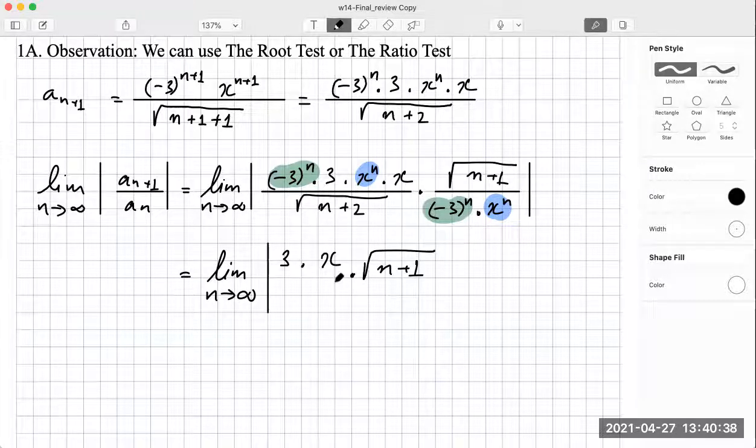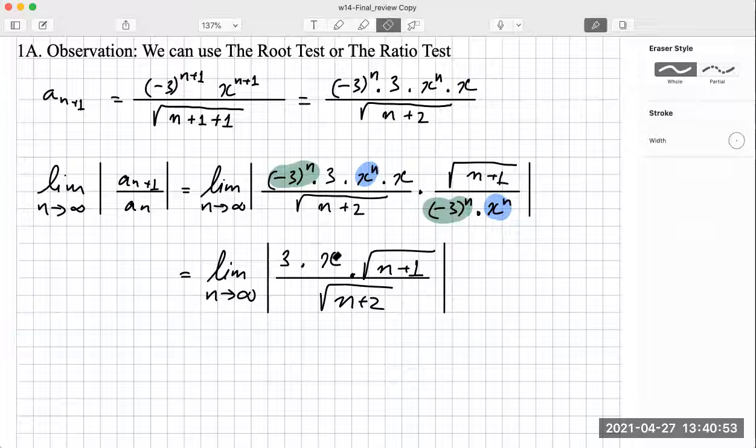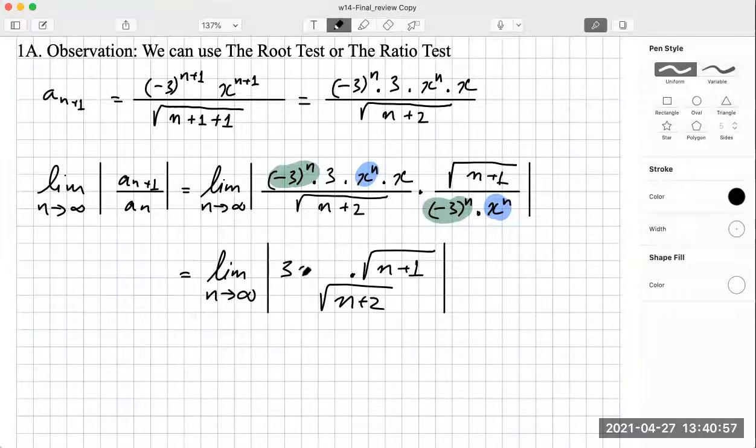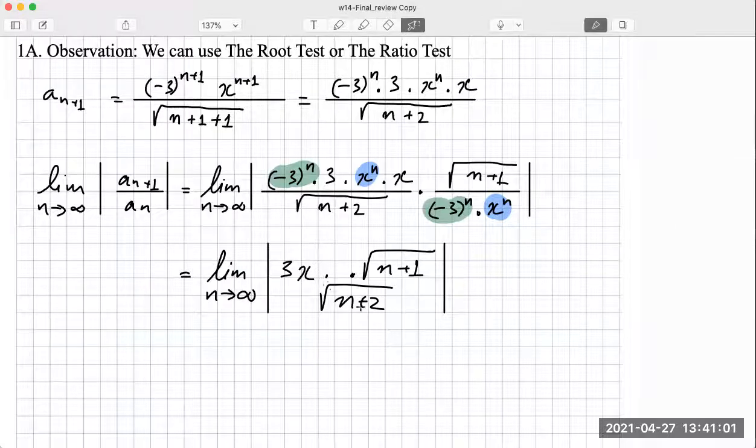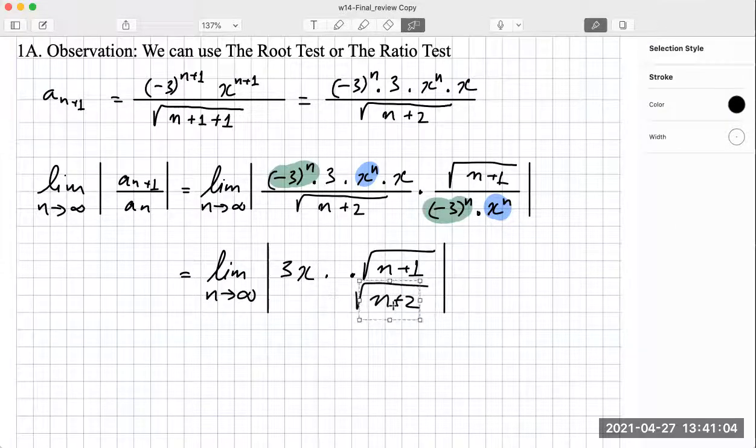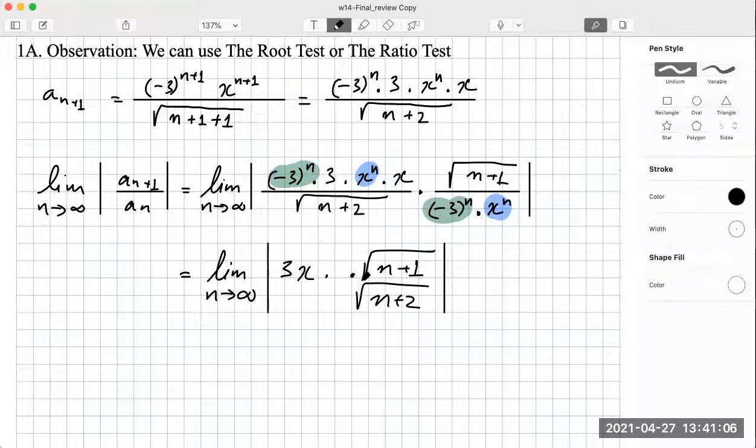In the denominator, we can definitely write the whole thing here, multiplied with square root of n plus 2, right? But we can also write it as 3x times square root of n plus 1 divided by square root of n plus 2, because these are all products.